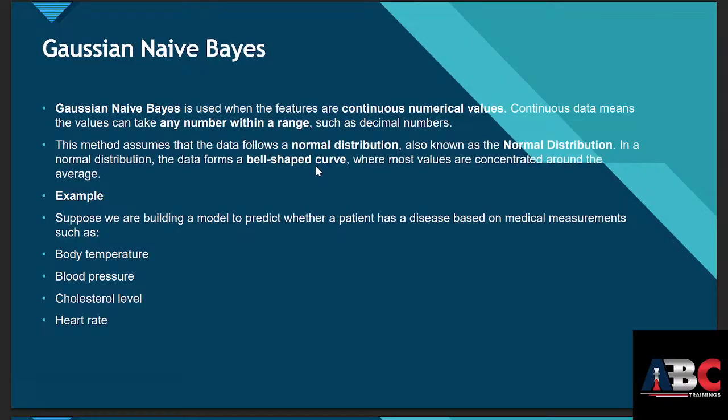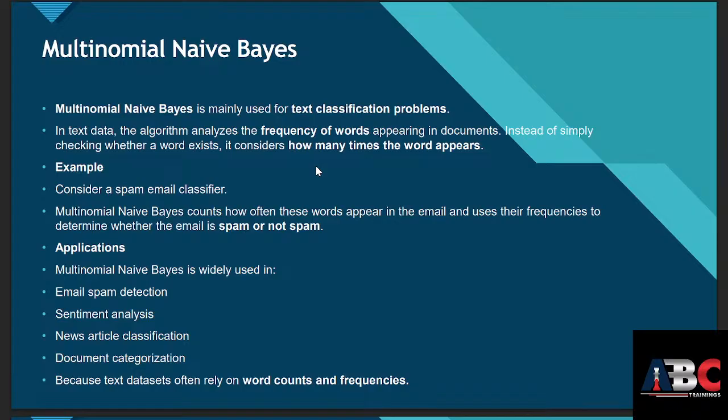The Multinomial Naive Bayes is used mainly for text classification problems in text data. The algorithm considers the frequency of words appearing in the document, instead of simply checking whether a word exists. How many times does the word appear?